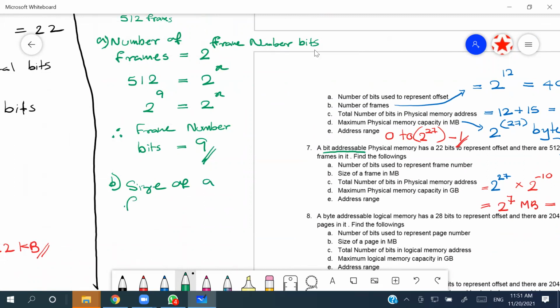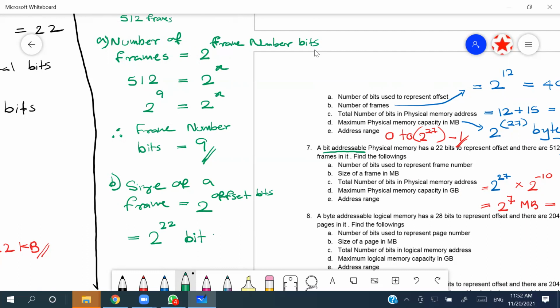Size of a frame equals 2 to the power offset bits, so 2 to the power 22.